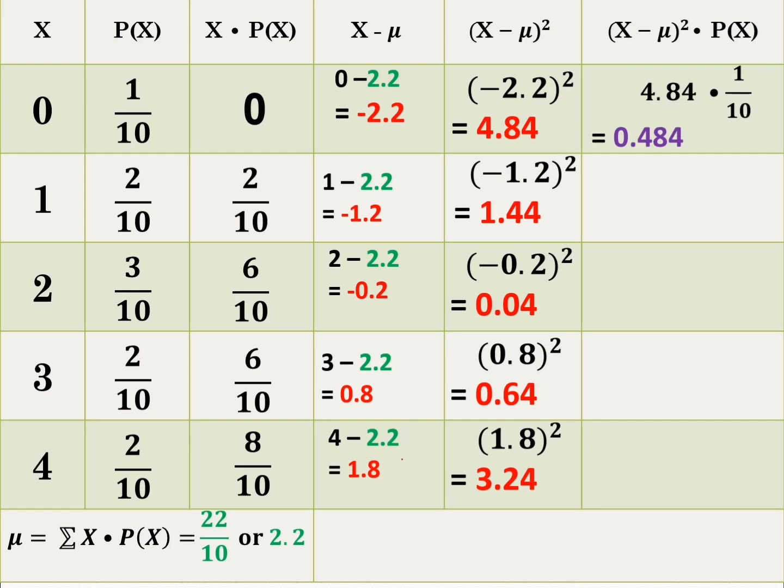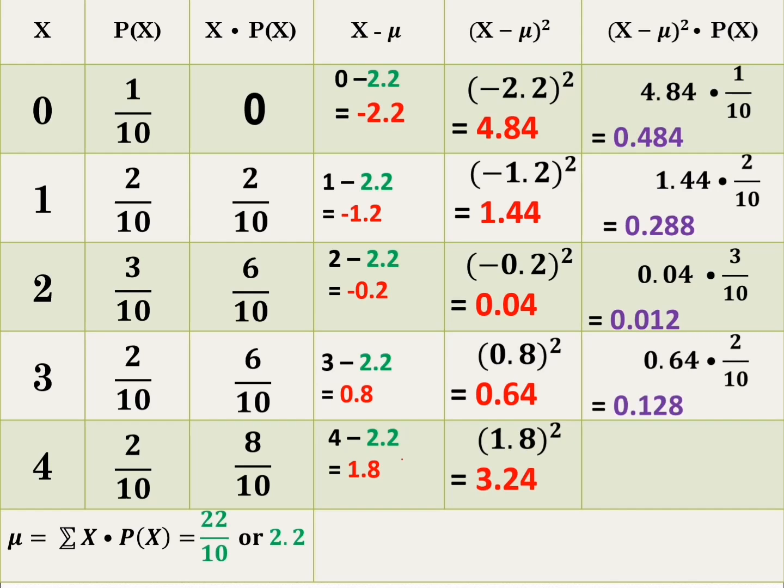We have 0.484. Next, 2 over 10 times 1.44. So, that is 0.288. Next, 0.04 times 3 over 10, it will give 0.012. And then next, 0.64 times 2 over 10, we have 0.128. And then last, 3.24 times 2 over 10, that is 0.648.